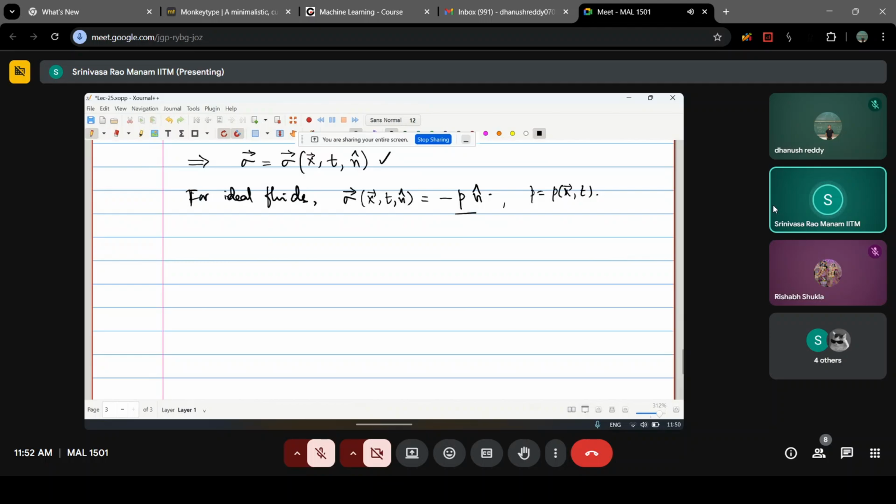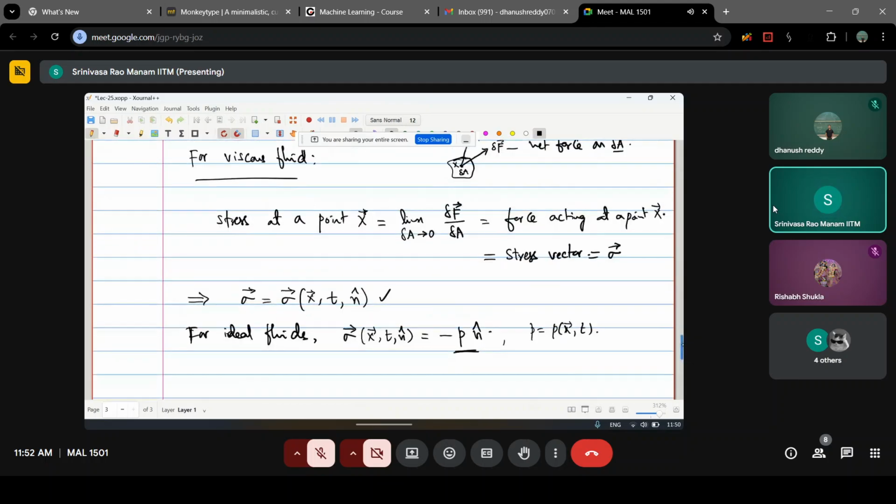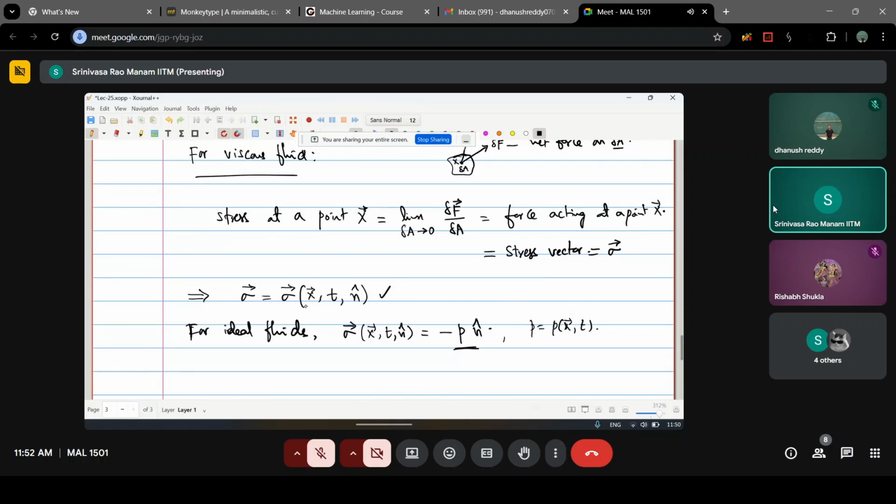Here you have a stress vector, minus rho n cap. Okay, so stress vector.